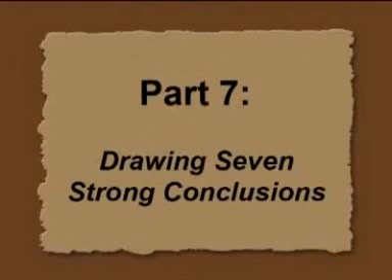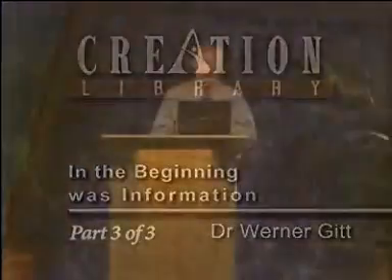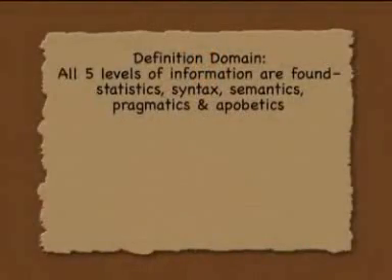And you will see there are very strong conclusions which we can make from the laws of nature about information. Let me come once again to the definition domain. All 5 levels of information are found: statistics, syntax, semantics, pragmatics, and apobatics.